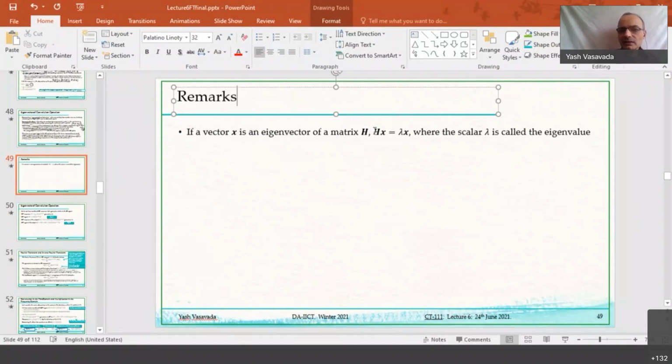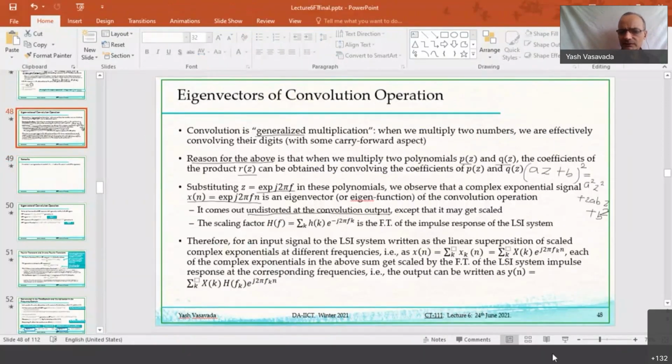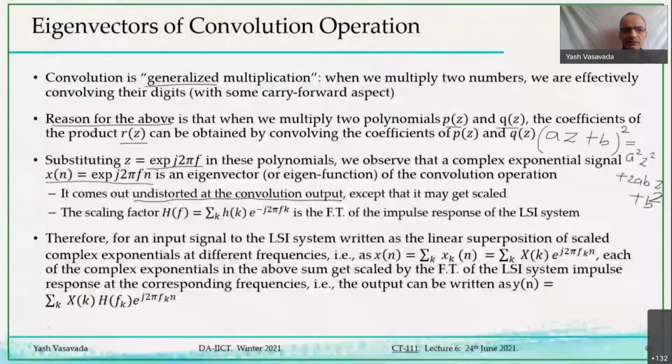So you see what happened is that I multiplied this matrix H with this vector X, and typically I don't get X at the output unless X is an eigenvector, in which case what I get is actually a scaled version of X at the output, and the scaling factor is called the eigenvalue. Something like that is happening over here. We send X as the input to the convolution operation, and what comes out at the output is the same complex exponential, except that it gets scaled.